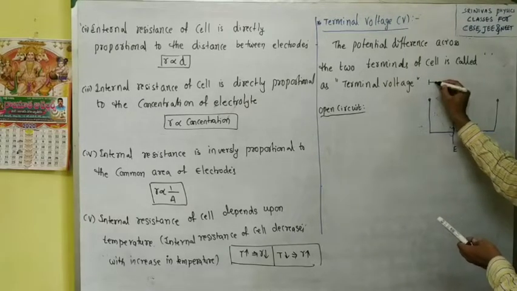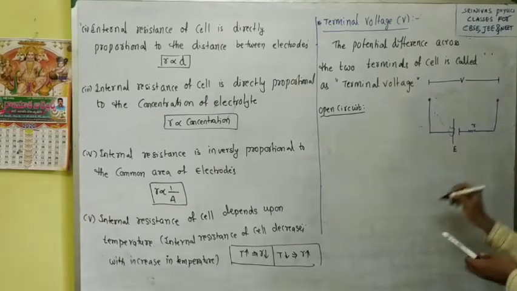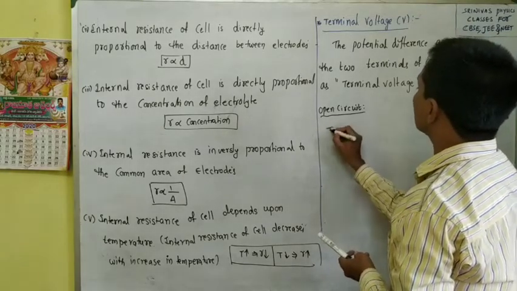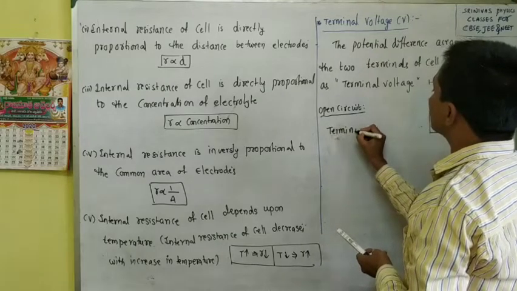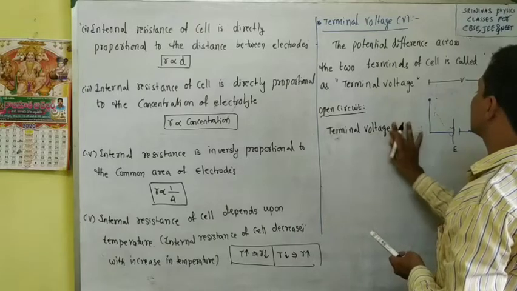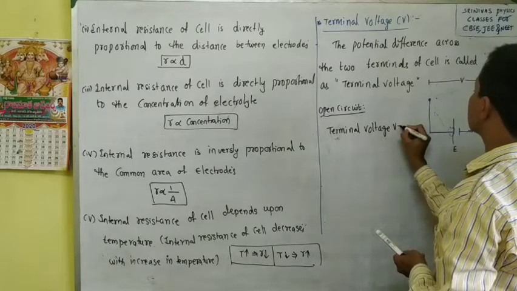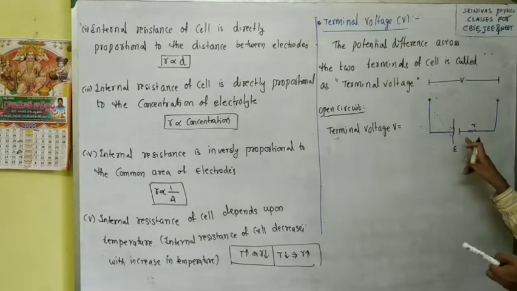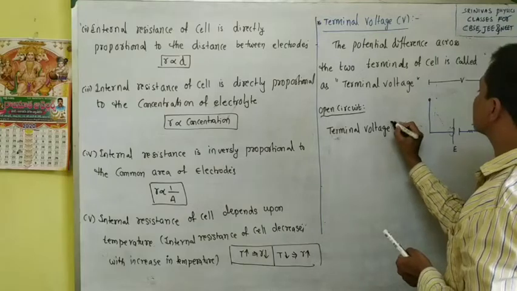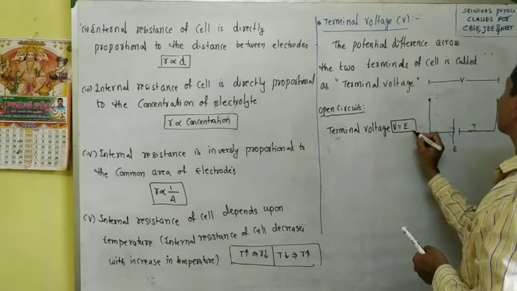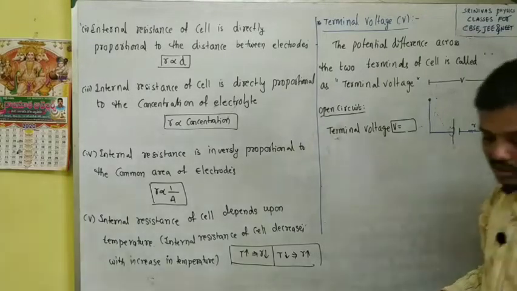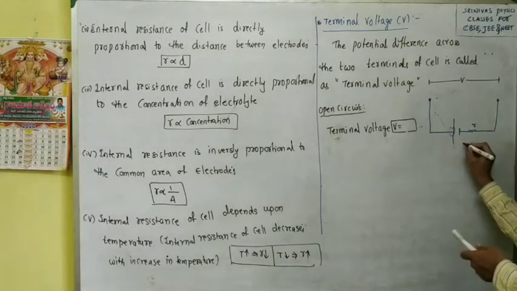And what is the potential difference in an open circuit? Terminal voltage is equal to the potential difference, and the potential difference across the cell in an open circuit is called EMF. That means in this case, potential difference is equal to EMF. Remember that we denote EMF with epsilon.